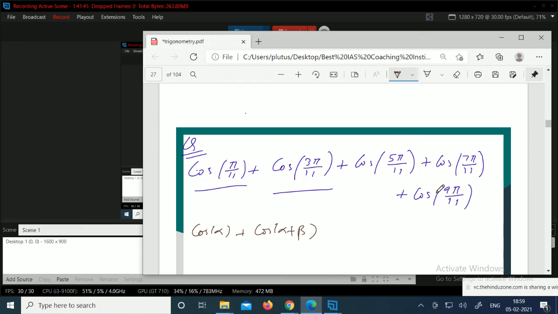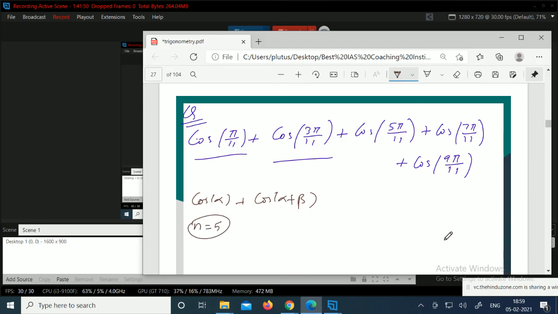So n value is 5. Okay. And alpha value is the first value, so alpha is pi by 11. And what is the value of beta? 2 pi by 11. Okay.